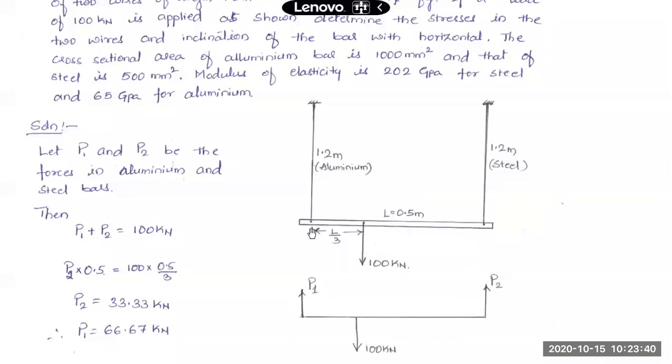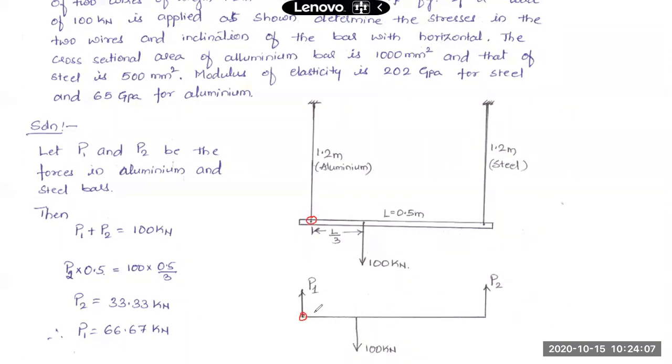If I take the moment of forces about this end, P2 into 0.5 meter, which is an anti-clockwise moment, should be equal to 100 into 0.5 by 3. This is applied at a distance of L by 3, that is 0.5 by 3, and it has a clockwise moment about this point.